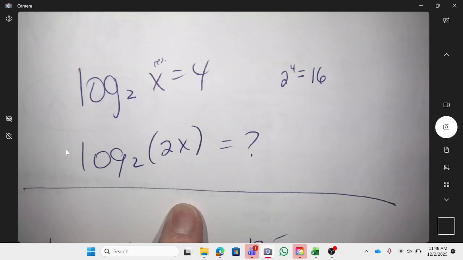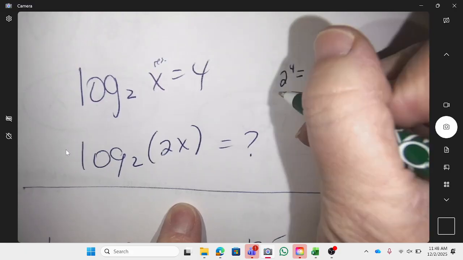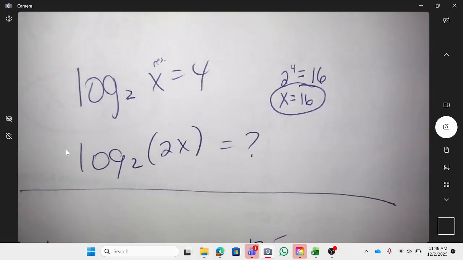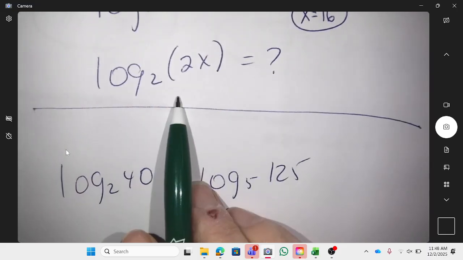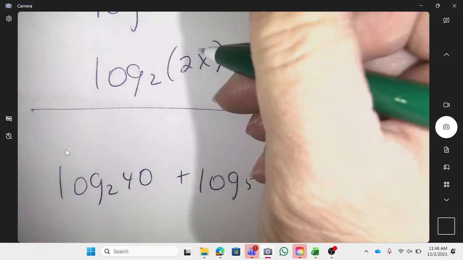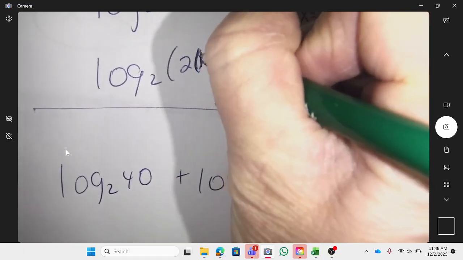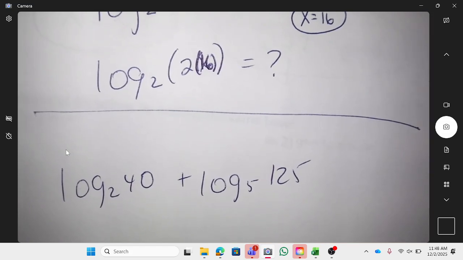Okay? Therefore, from that, I know x is 16. Okay, now go to the next statement. Now we know that x is 16.